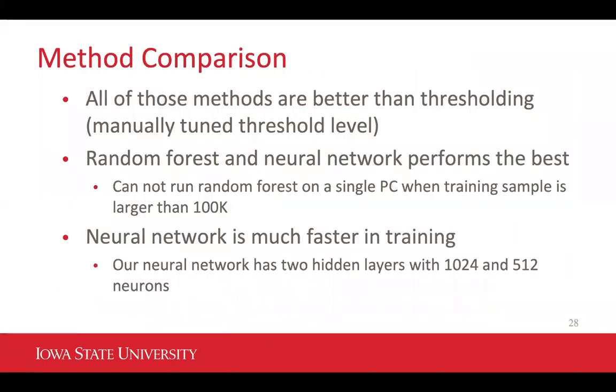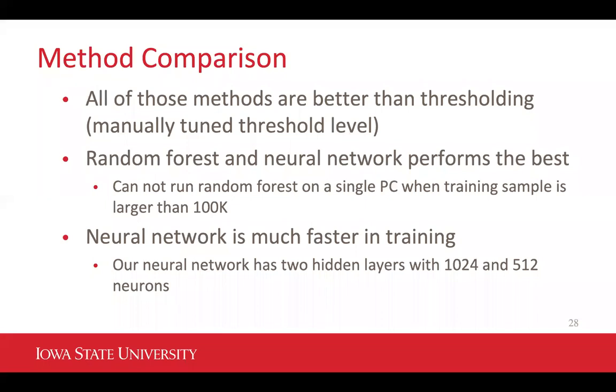So the conclusion for the method comparison is that all of those supervised learning methods are better than thresholding, which is based on manually setting the threshold level. The random forest and neural network perform the best.